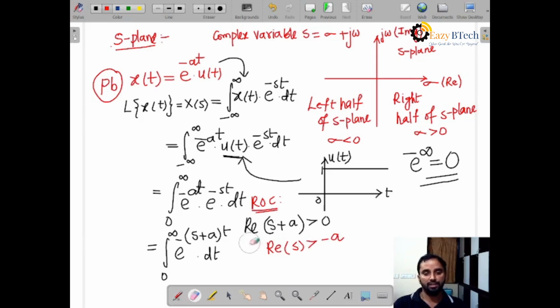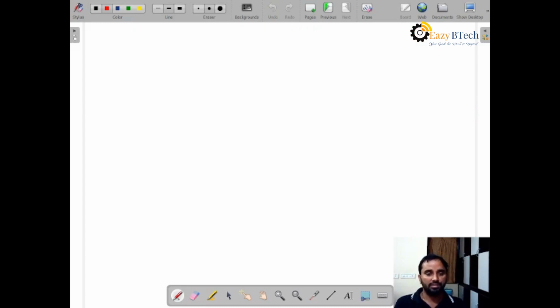This we can write in the next step. In s, the real part is important. So the real part of s is greater than minus a. Right? Then we perform the integration.